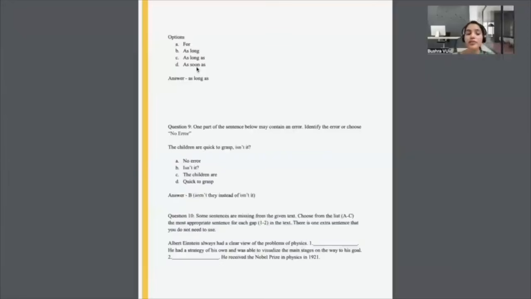Okay, this first sentence says Albert Einstein always had a clear view of problems of physics, right? Here it already introduced Albert Einstein. The sentence is not going to start with Albert Einstein again. It is going to start with "he," because the first introductory sentence already talked about Albert Einstein.